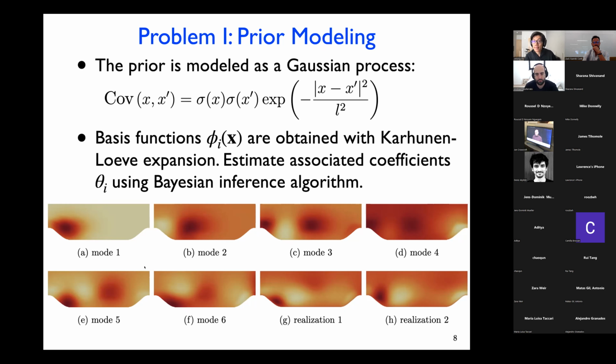And then the unknowns become the coefficients of the linear combination of all these basis functions. And the task of this work becomes to estimate those coefficients by using the Bayesian inference algorithm that we introduced before.